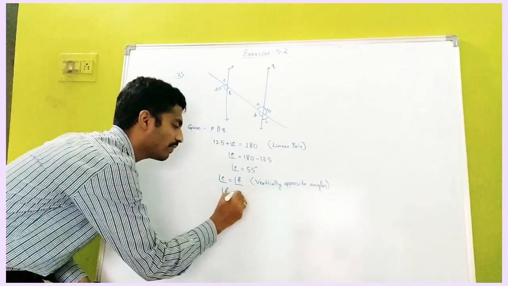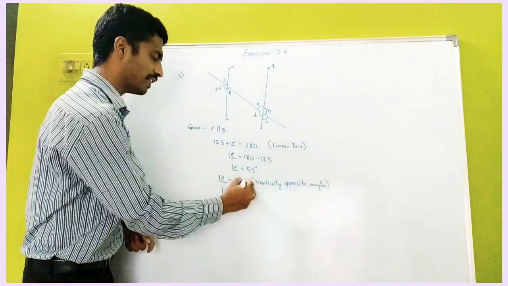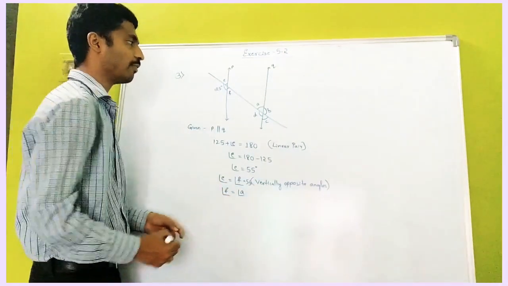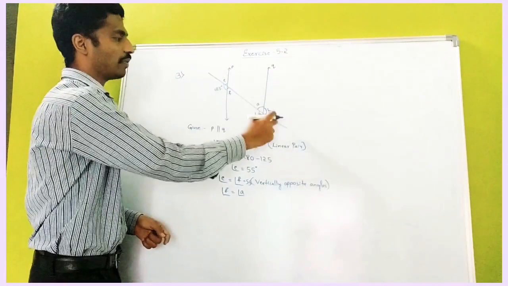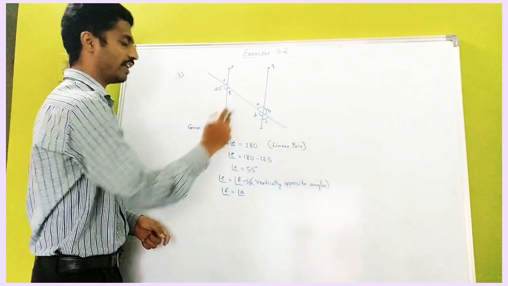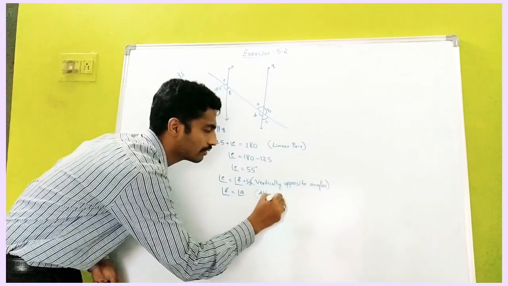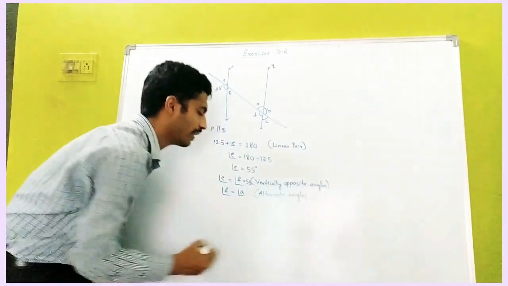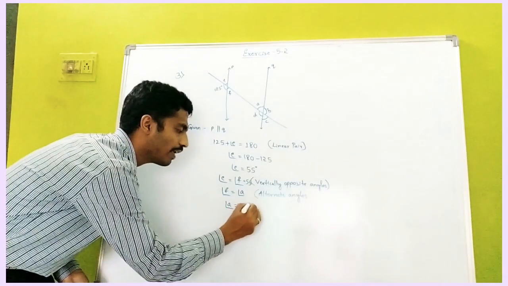Angle F equals angle A. See, P and Q are parallel and one line is a transversal. Then F and A will be alternate angles. So angle A also equals 55 degrees.